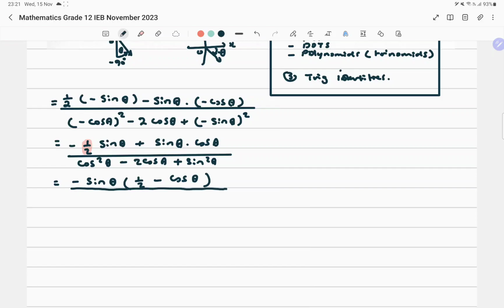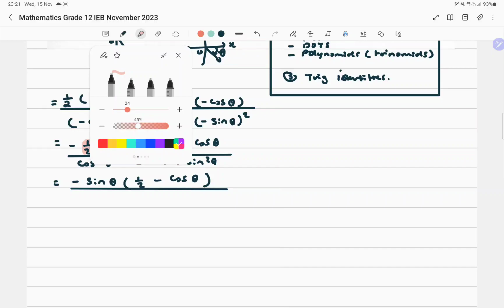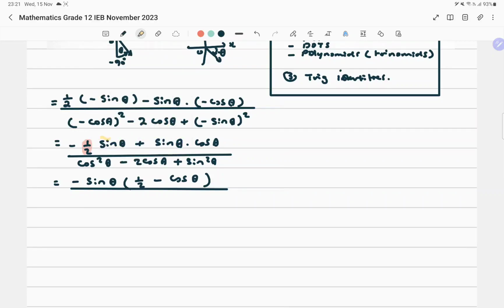Because what I was thinking, I was going to say this is cos 60, but cos 60 is not going to help us. Now, here, what do you notice, guys? There's something very noticeable here. It is the fact that this, cos squared theta plus sine squared theta, is a square identity.